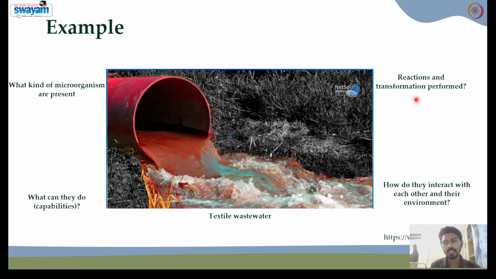So what happens here, the enzymes or proteins that they secrete will help in transforming the toxic dye into non-toxic form. And the fourth question is how do they interact with each other and their environment? Millions of microorganisms are prevalent in the environment and they help each other to synthesize different enzymes.